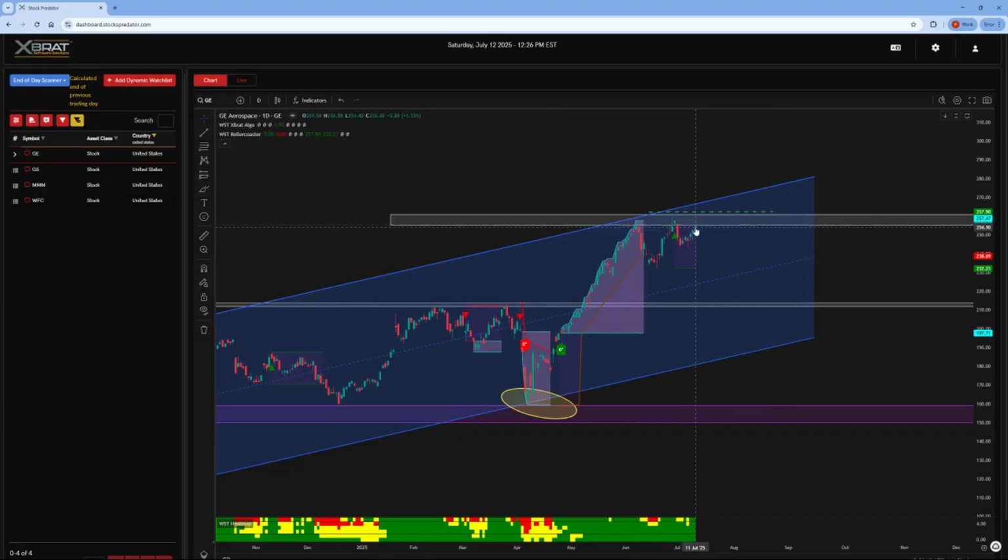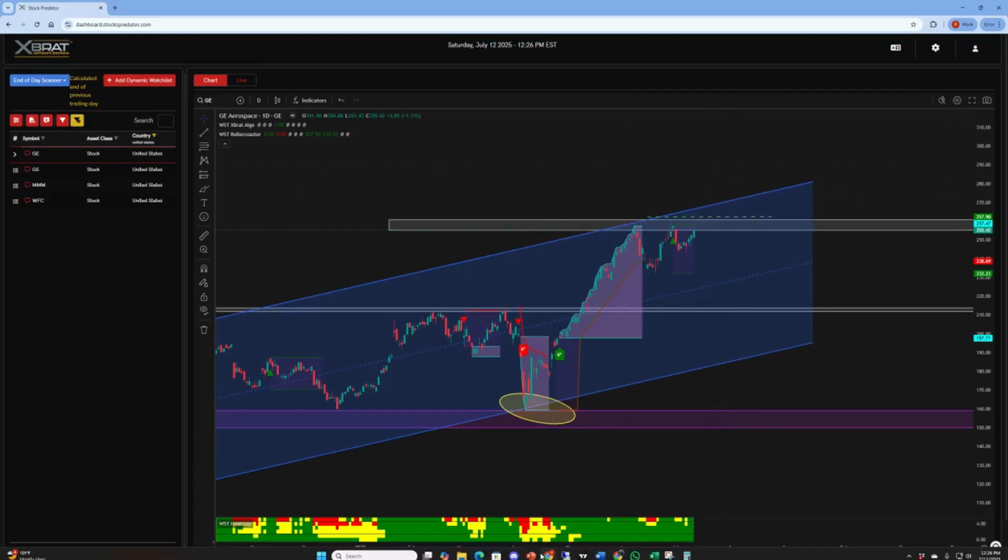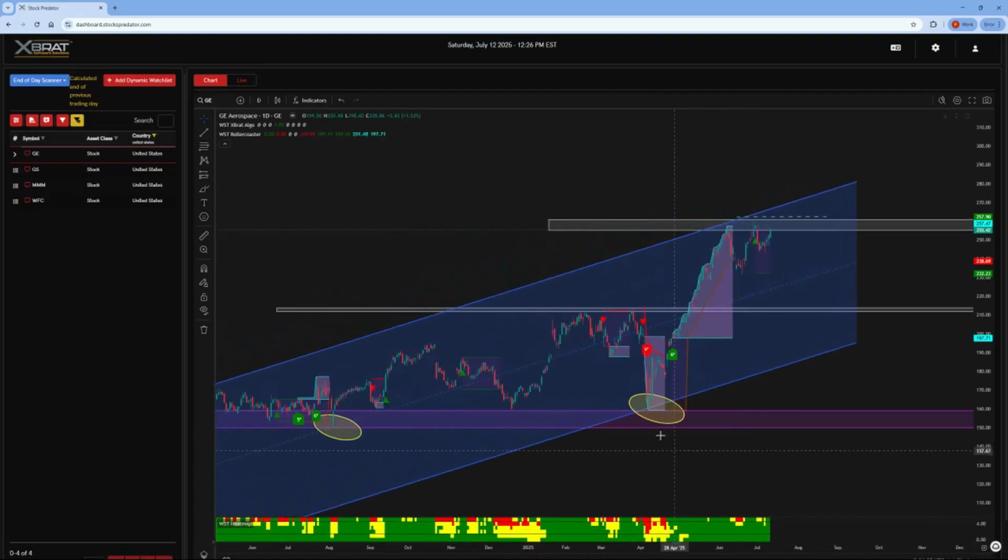So we've got a bit of time. I mean, we're on the 12th today, 13th is Sunday, 14th is Monday. So there's a bit of time here, but we're wanting that catalyst. Now, if we're playing options here, we've got to look at the last full confluence move that we had here with the roller coaster, the expert algo 6-star buy, and all 6 out of 6 green on this candle here.